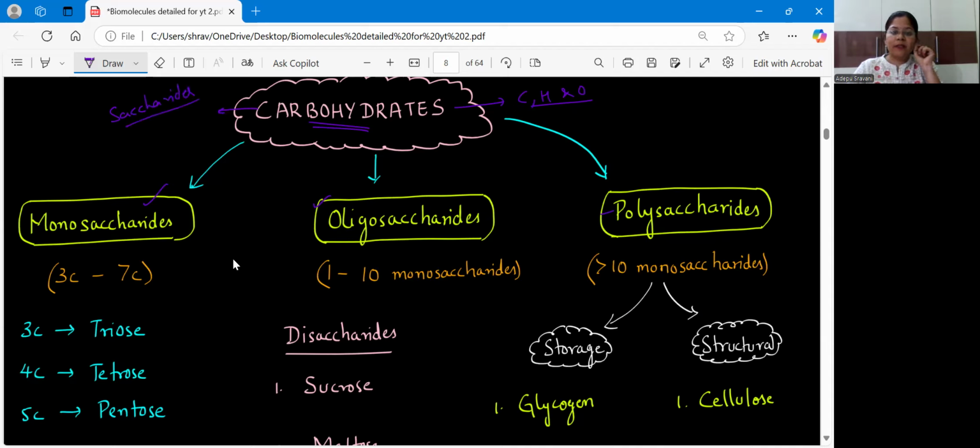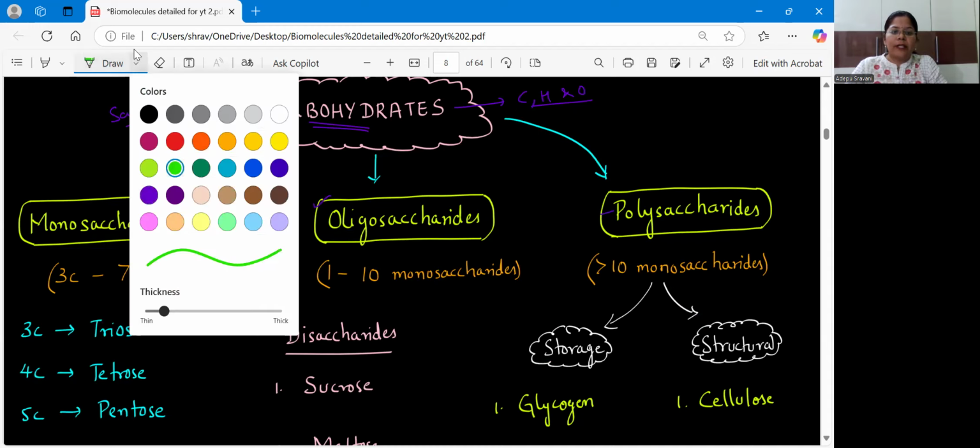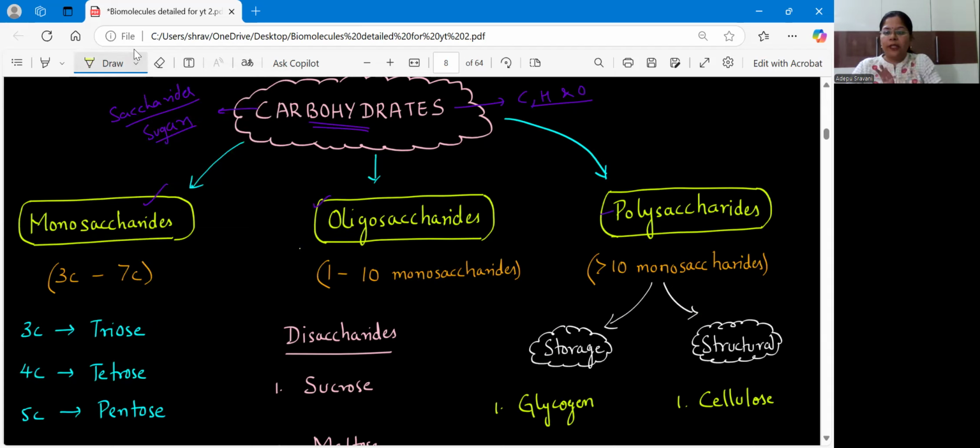Now, what do you mean by the term saccharide? Nothing but sugars. Now, these carbohydrates are classified into three different types based on the number of sugar units.